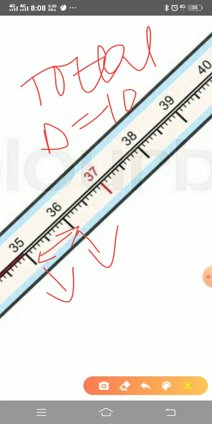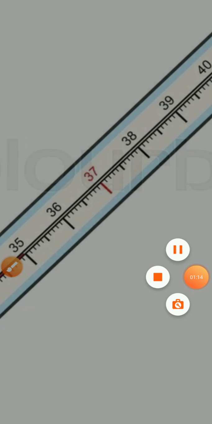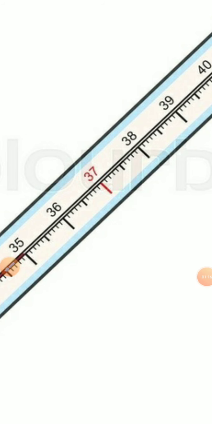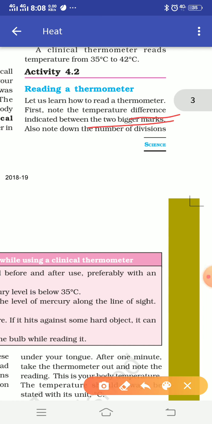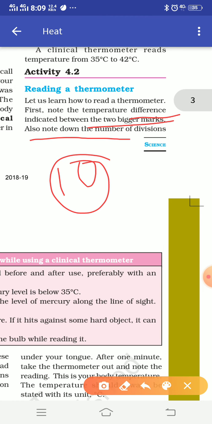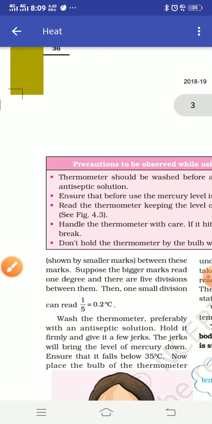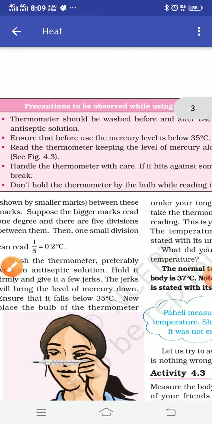Now, how do we understand how much every division is measuring? Note the temperature difference indicated between two bigger marks. We have seen that there are 10 divisions. Also note down the number of divisions between these marks.